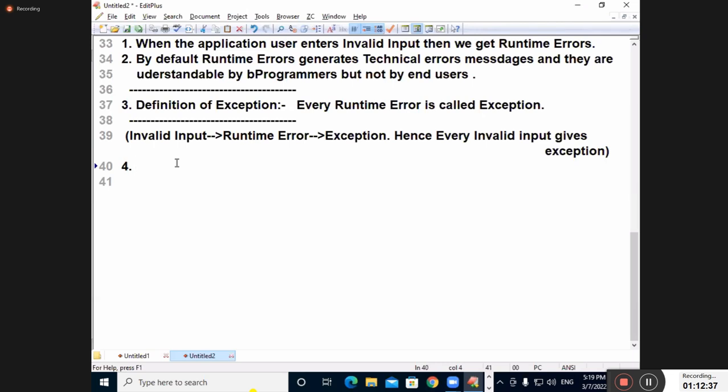Now, every exception by default generates which message? Technical error message. Did you understand, students?